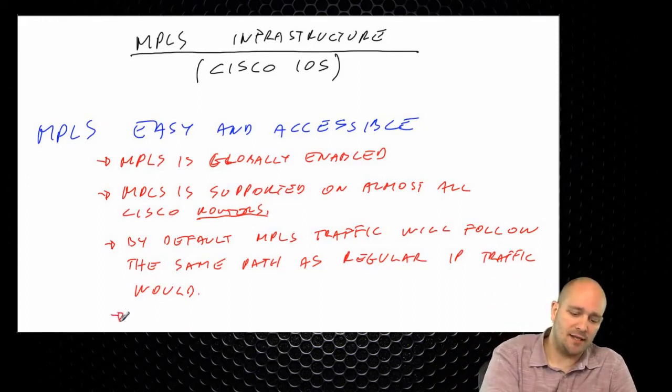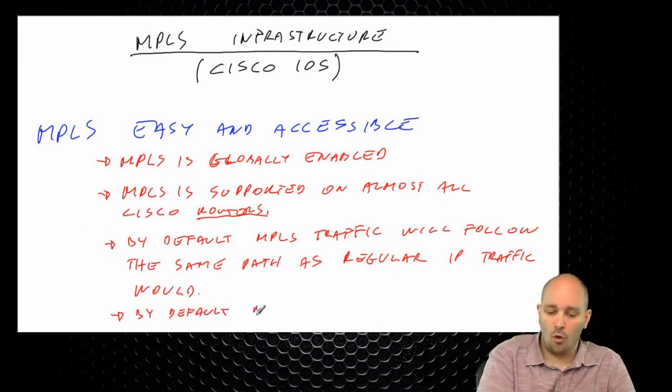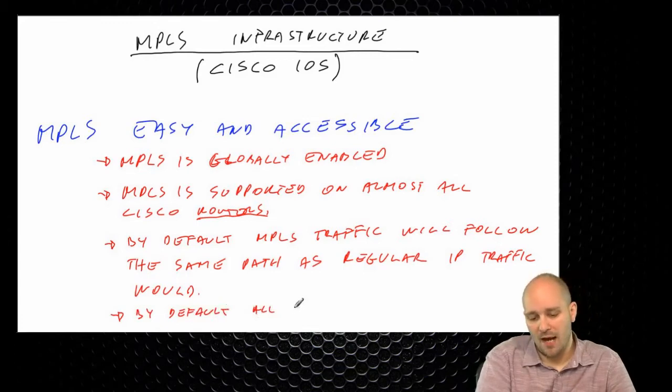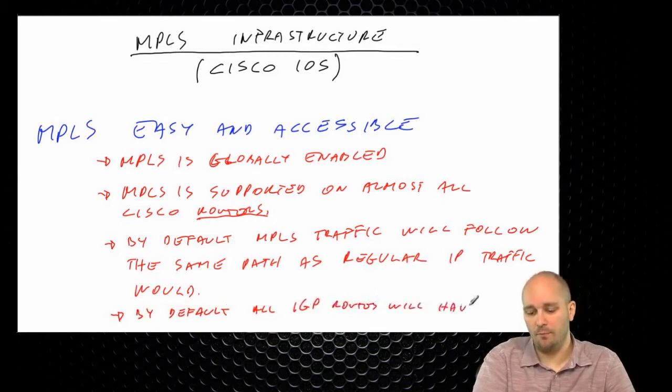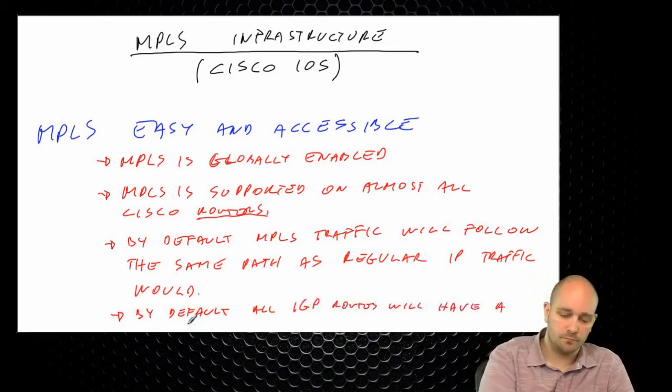And another thing is, by default, again, so I'm just going to say by default, all IGP routes will have a label assigned.